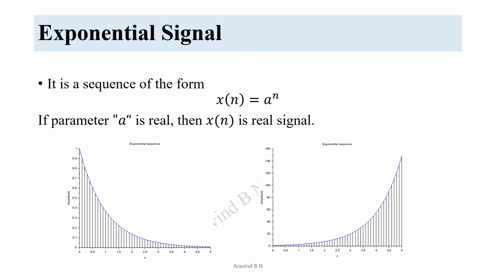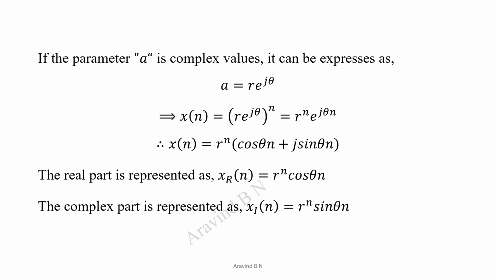Another way of representation is if the parameter a is complex valued, then its expression is given by a equal to r e to the power of j theta. That implies x of n is equal to r e to the power of j theta, whole to the power of n. That becomes r to the power of n e to the power of j theta n.